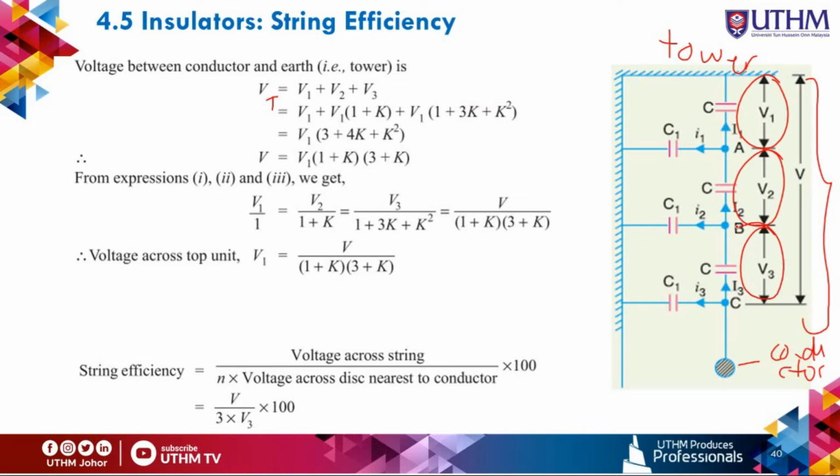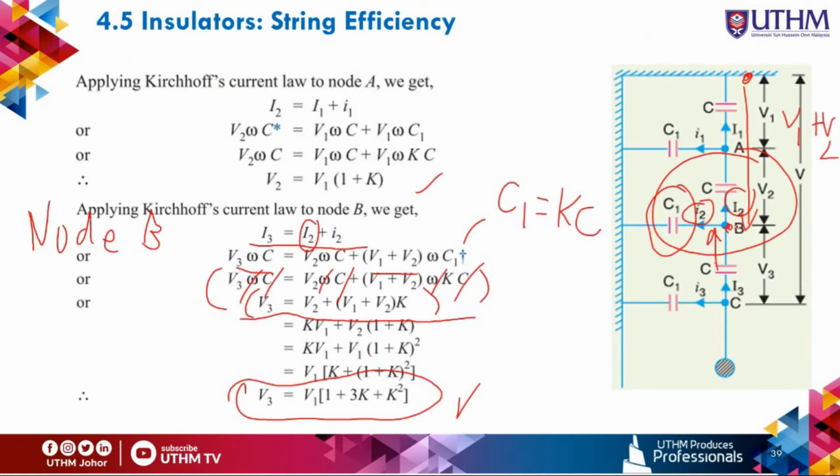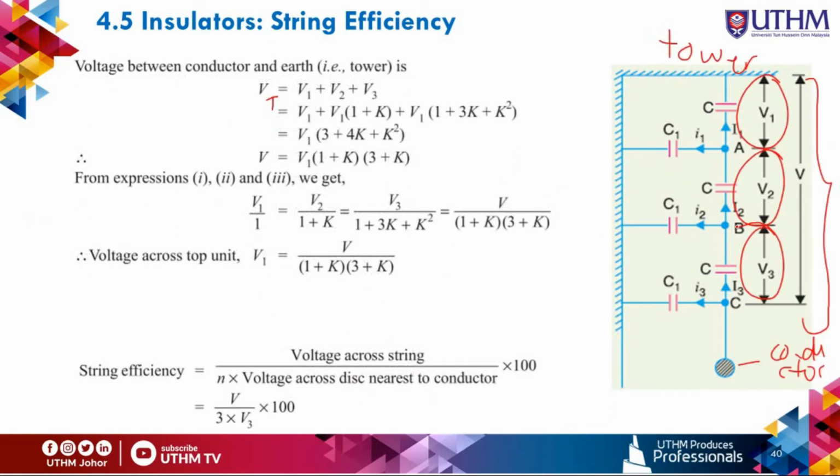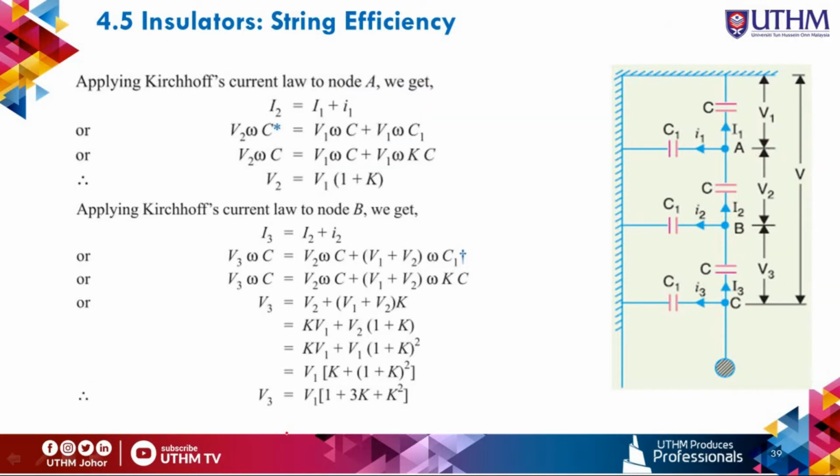Then you refer to the previous equations and insert the equations for V2 and V3. Then you simplify and you will get V equivalent to V1 times 1 plus K times 3 plus K.